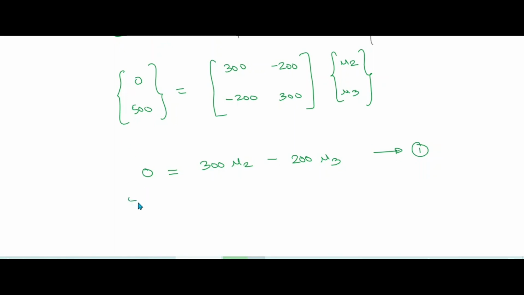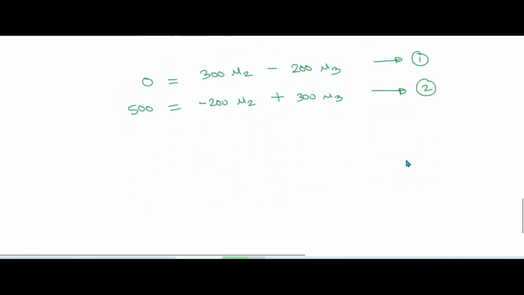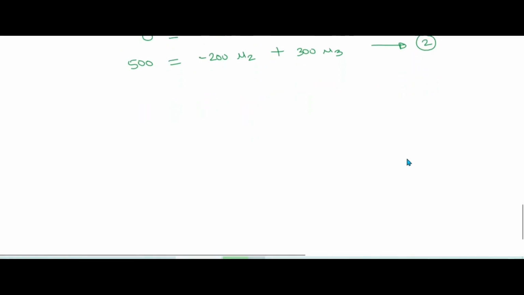Second equation, 500 is equal to minus 200 U2 plus 300 U3. This is equation number 2. So now I got two equations and we have two unknowns. The only thing is I have to solve these two equations.